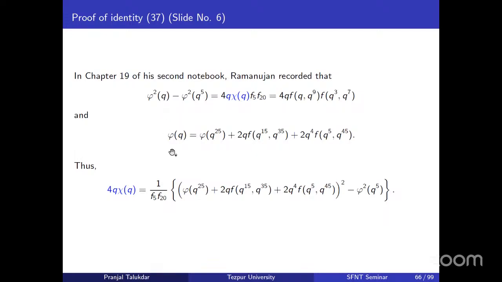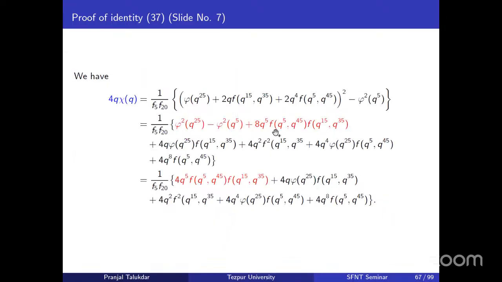Then we put in this 5 dissection of phi q and we get this expression. This is now giving us a 5 dissection of 4q chi q. We simplify it again, and when we expand this square, these are the terms after expanding the square.